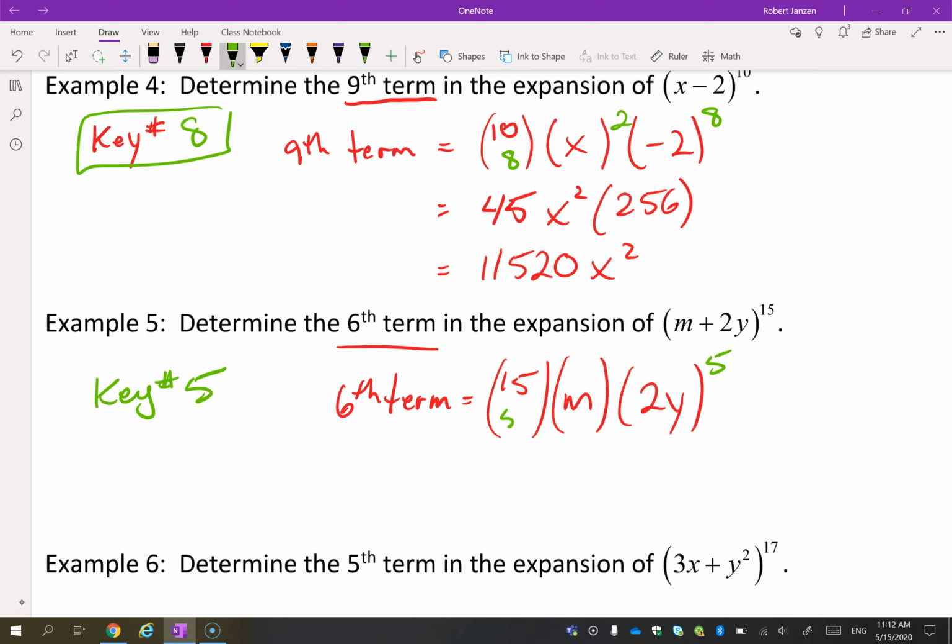So 5 goes here, 5 goes here. What goes there then? 10. And it's that simple. You just have to know those little rules and it becomes pretty easy to do. So I get 3003 m^10 times 32y^5.